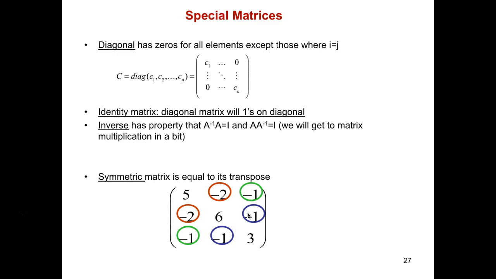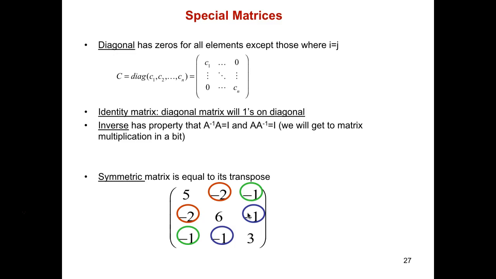Those are elements where the index of the row and the column is the same. So A11, B11, B22, B77, those types of elements are non-zero. Everybody else is zero.